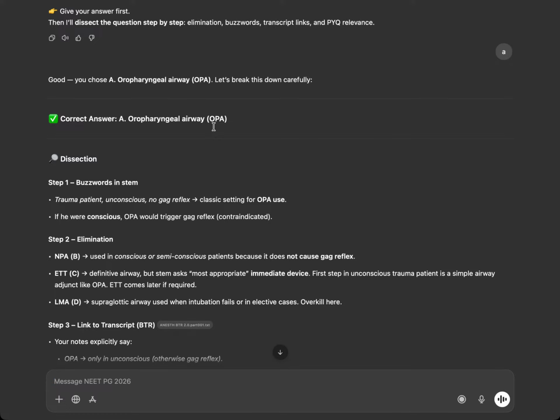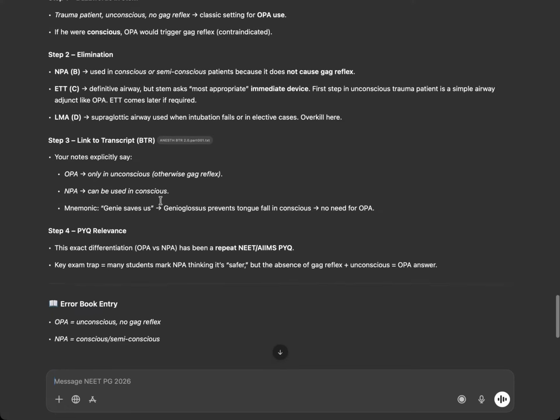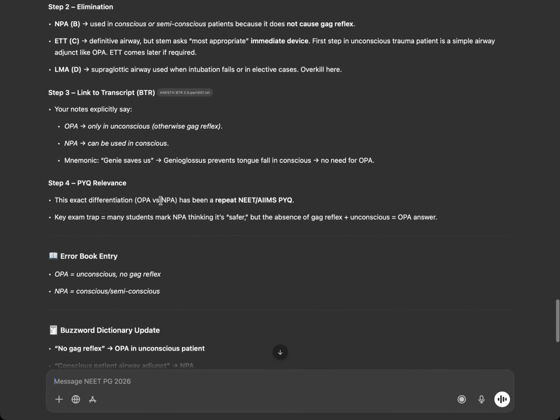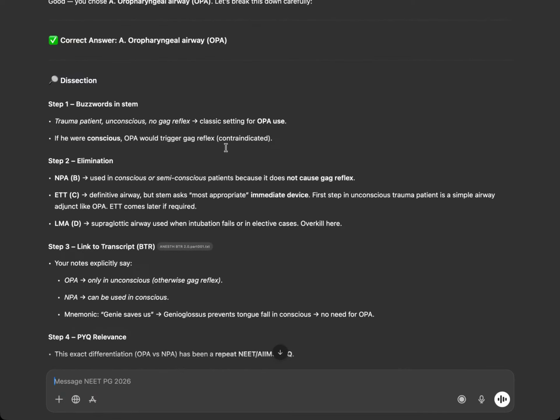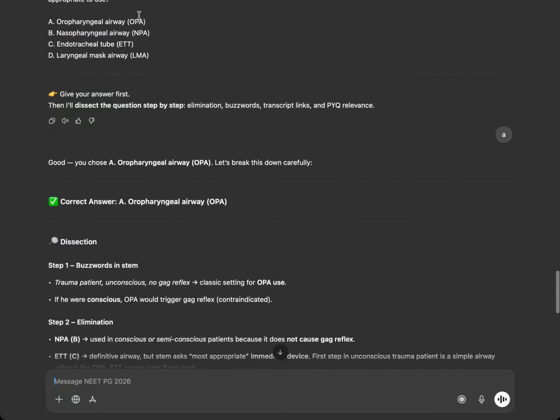OPA can be used in unconscious patients. Another thing, tongue fall. We forgot to discuss tongue fall. See, Guedel's or oropharyngeal airway, for this you need to know the name.